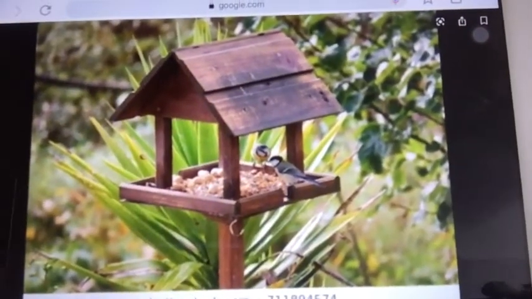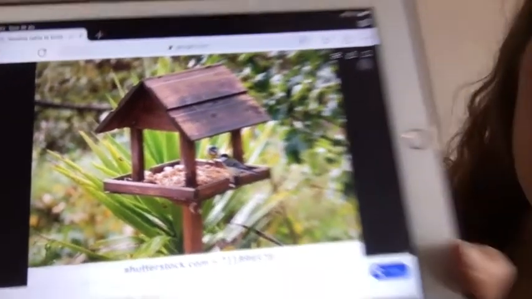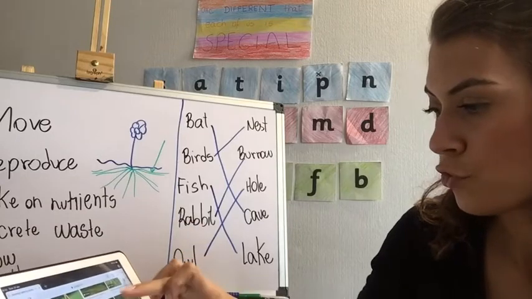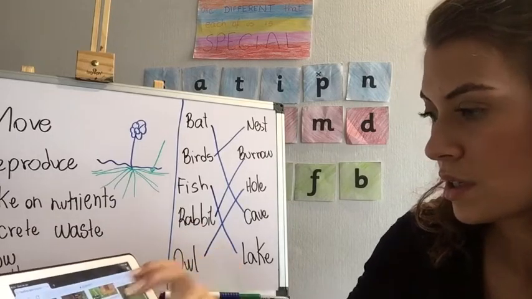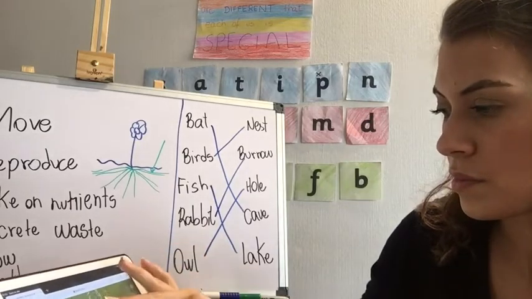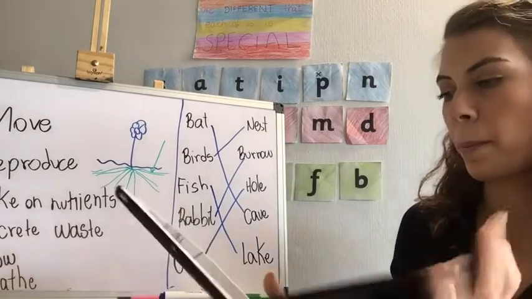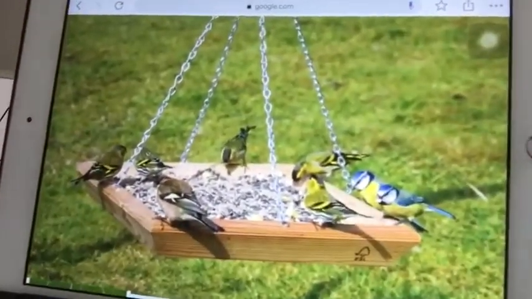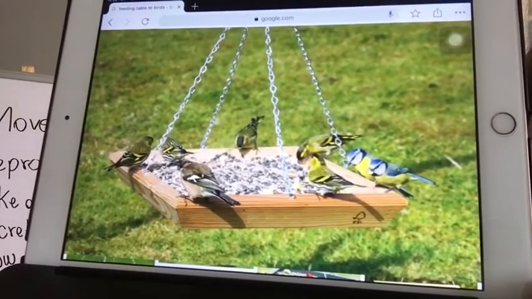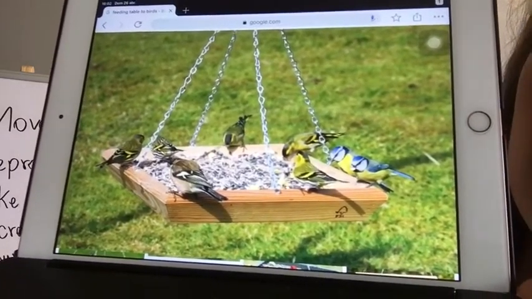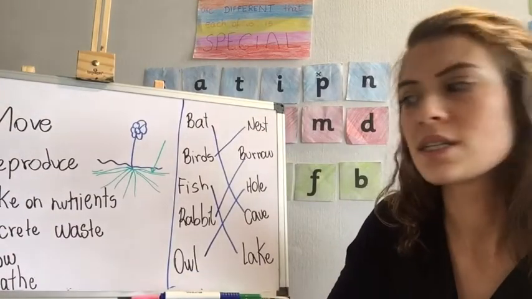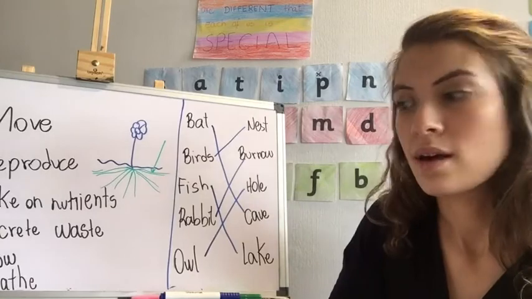It's like this. And then they put some food, for example here. Look. And then the birds can come to eat. That's one way to help them, to help the birds. But in any case, think about it, and then you can search on the internet and make a drawing.